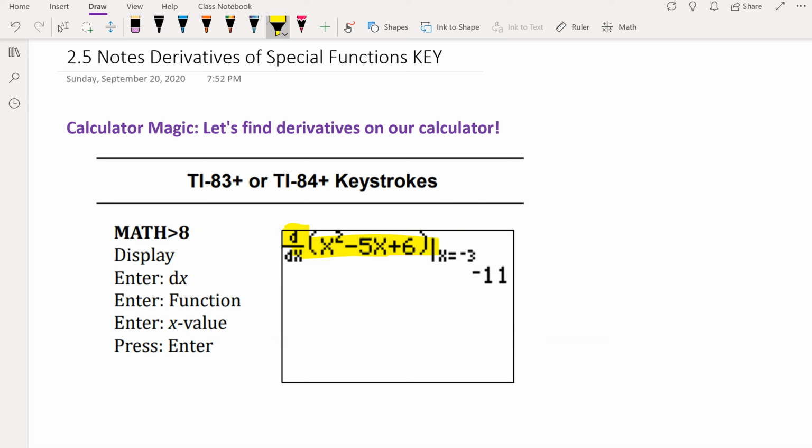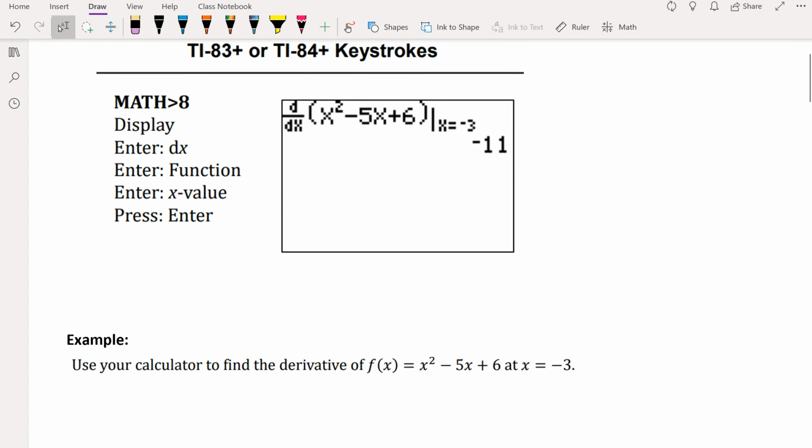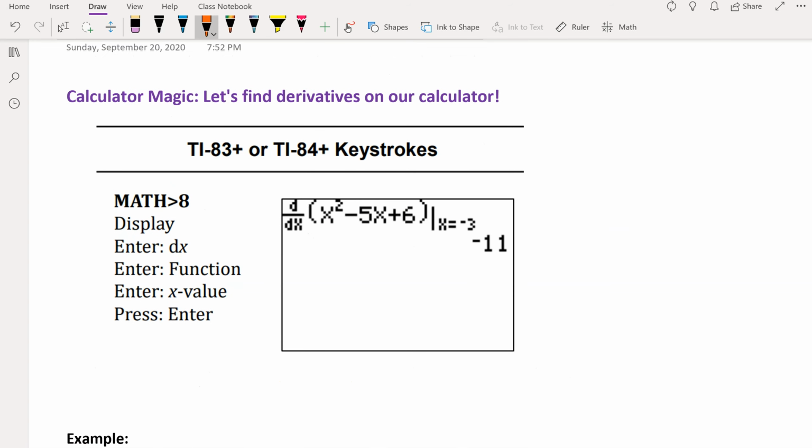So this is d/dx of x squared at x equals -3. Really quick, I'm going to explain what this is finding the derivative of. This would be f of x equals x squared minus 5x plus 6 in the calculator example, and this would be saying find f prime of -3.